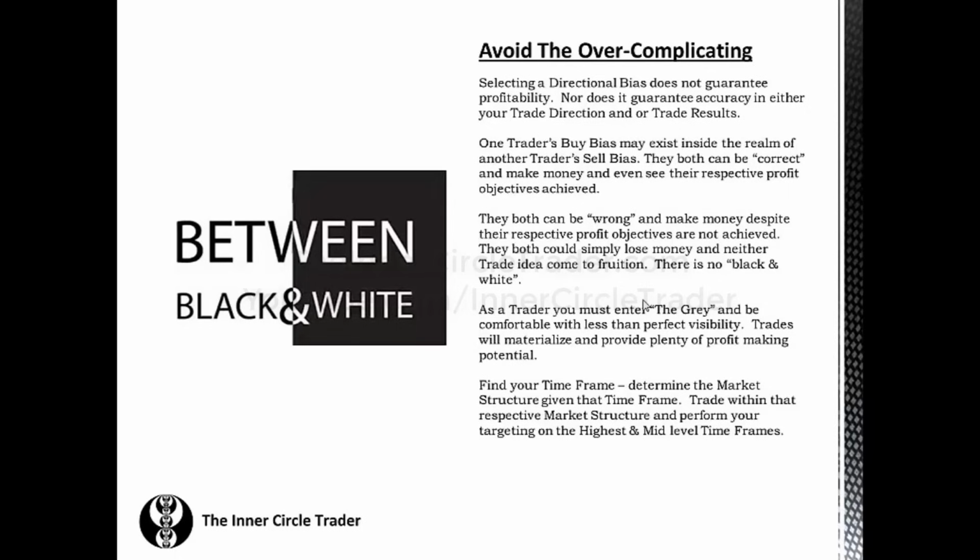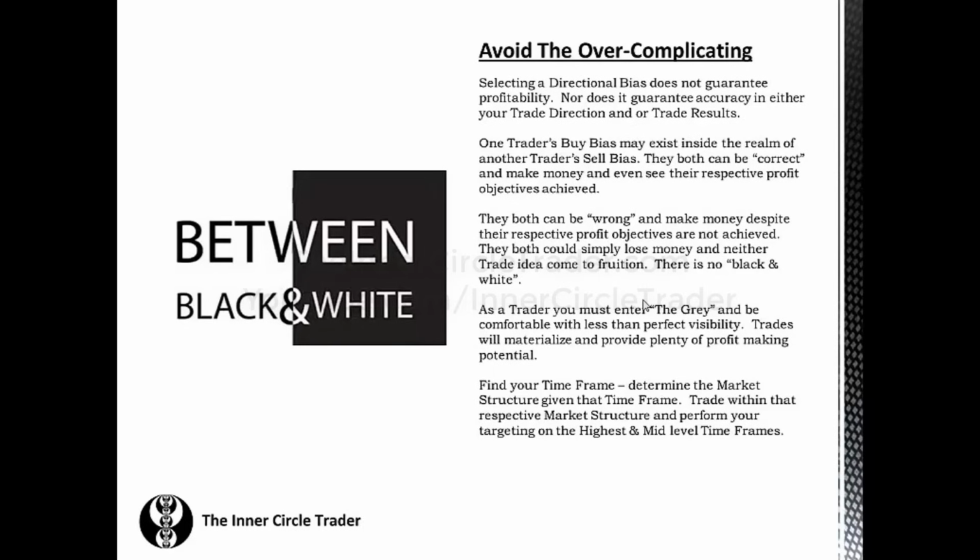They both can be correct and make money, and even see both their respective profit objectives achieved. They both can be wrong and still make money, despite their respective profit objectives not being achieved. Again, it's not about being quote-unquote correct, it's about being profitable. However, they both could simply lose money and neither trade idea come to fruition.